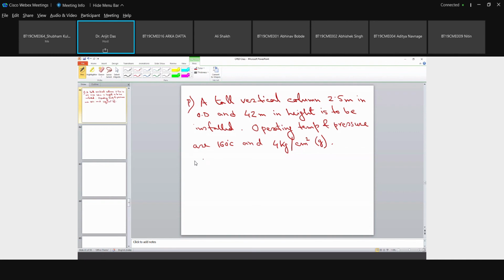Other specifications: insulation thickness equal to 120 millimeter.